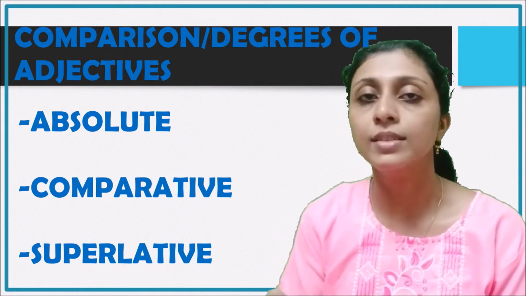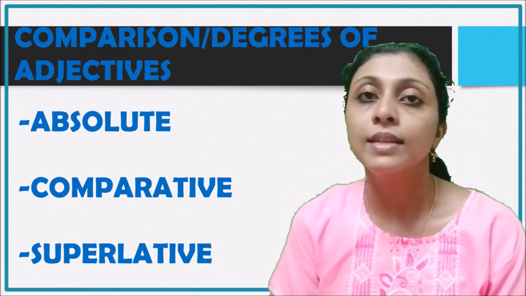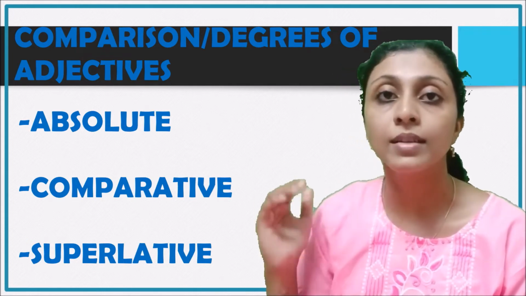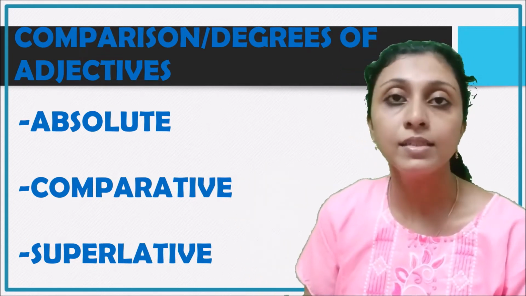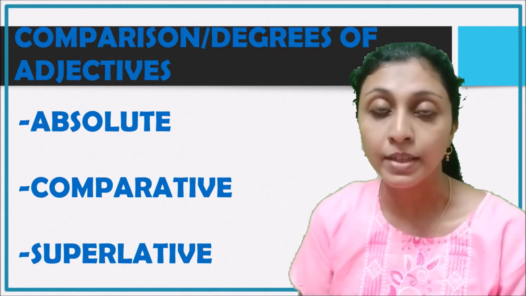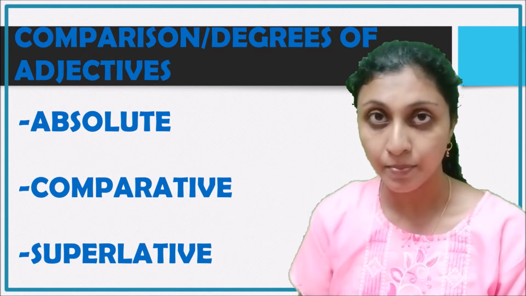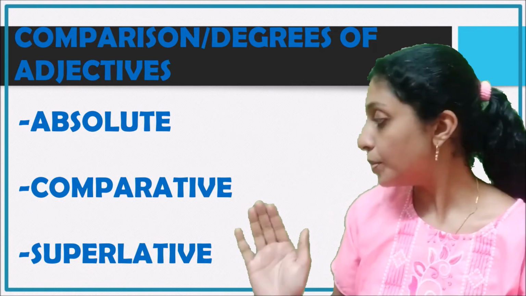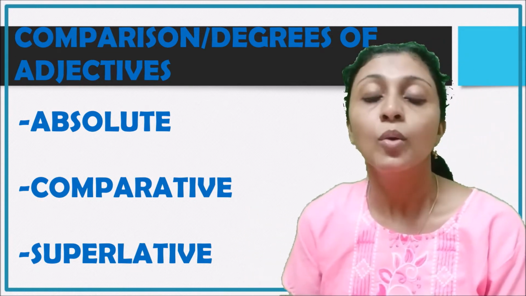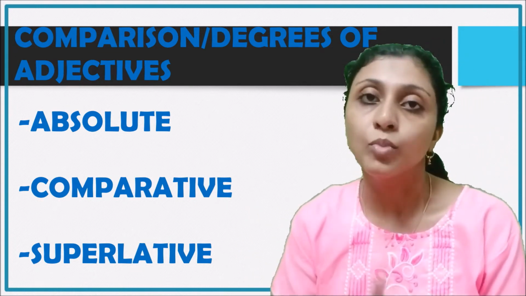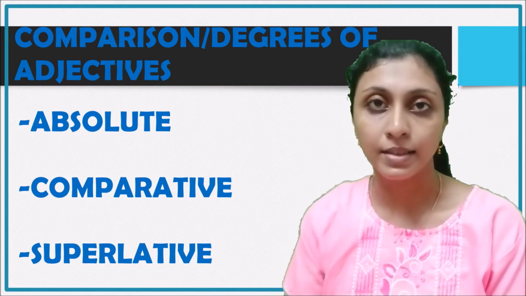We are just describing the noun. Whereas the comparative case is used when we are comparing two different cases. And finally, the superlative case is used when we are comparing one case with many other cases.